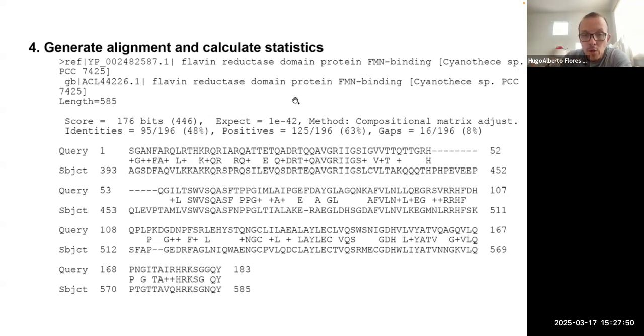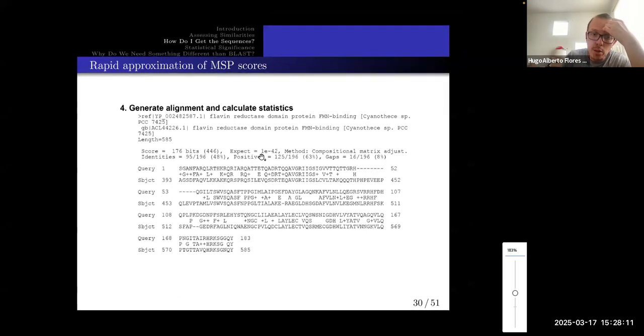And the expect value, or e-value, will be e to the minus 42. This is exactly the measure that we are going to use to see if we can trust this result of similarity. So based on this, we understand that we have two sequences that are similar.